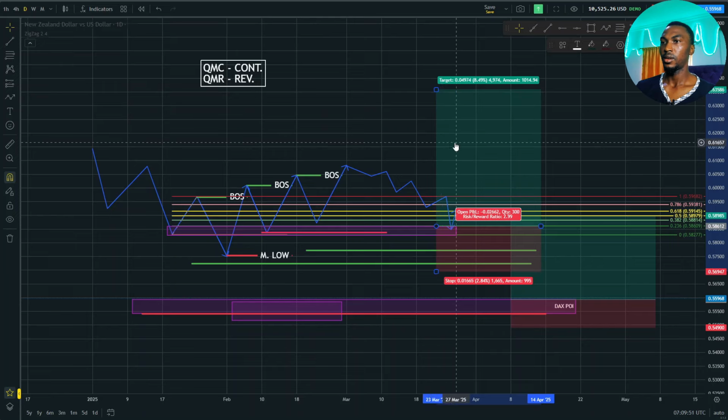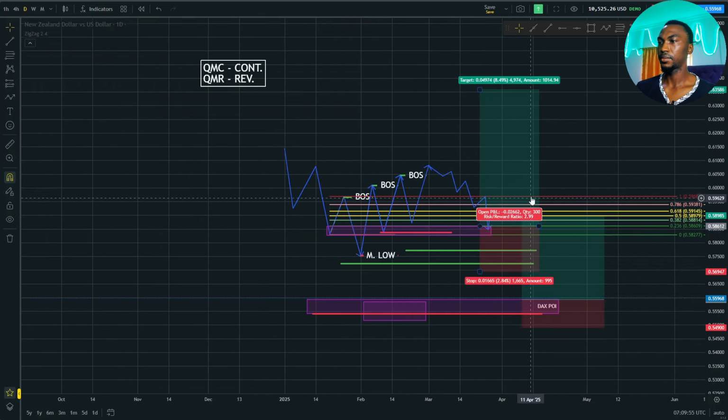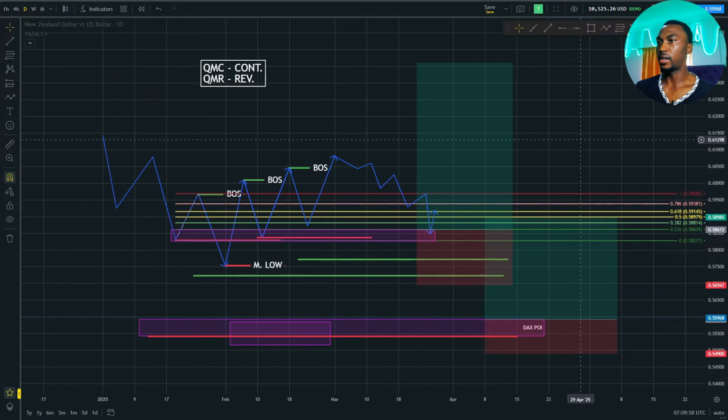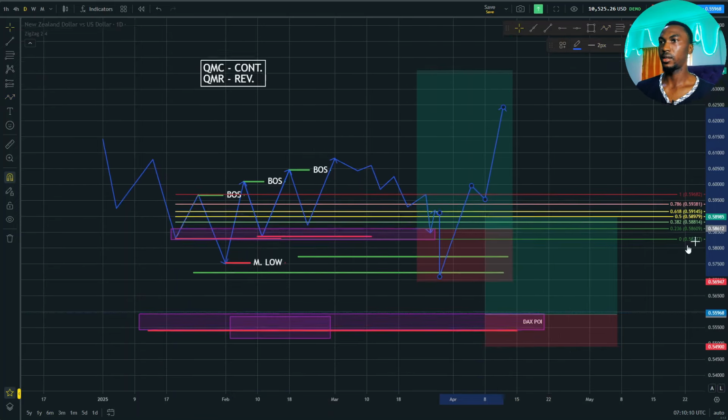And then he expects price to do whatever it does, but not go beyond this position before it starts to make its way up for his take.